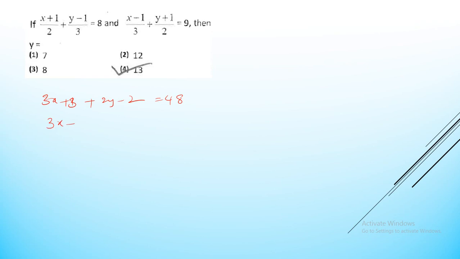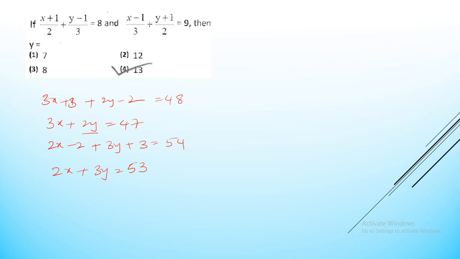From this, 3x plus 2y is equal to 48 minus 1, which is 47. Next, on taking LCM here, 2x minus 2 plus 3y plus 3 is equal to 54. Now on simplification, 2x plus 3y is equal to 54 minus 1, which is 53.